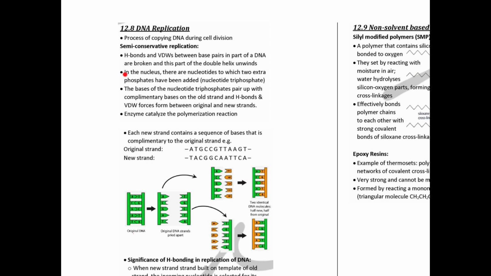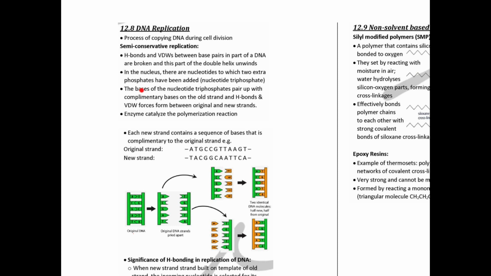Okay, so now here in the nucleus, there are nucleotides. Remember, nucleotide is the monomer. So in the nucleus of the cell, it has free nucleotides, haven't joined up yet, to which two extra phosphates have been added. So we call it nucleotide triphosphate. Okay, nucleotide triphosphate. So this is a structure in the nucleus.